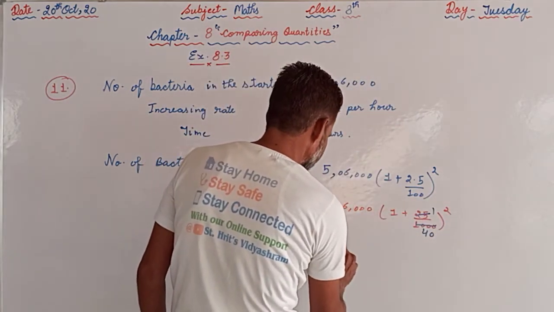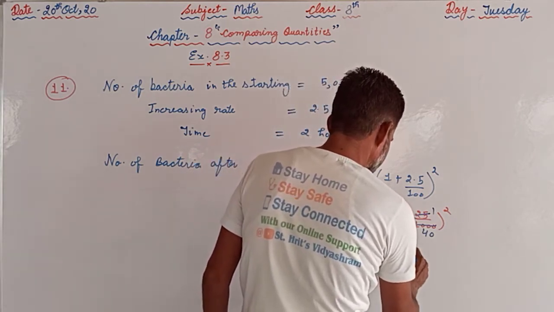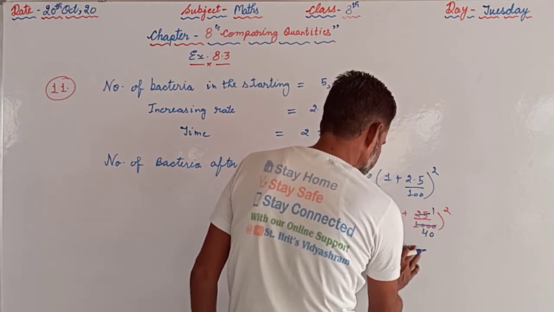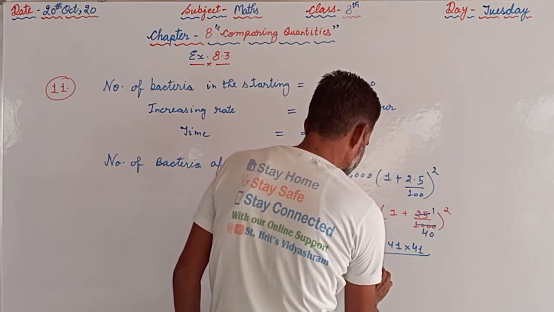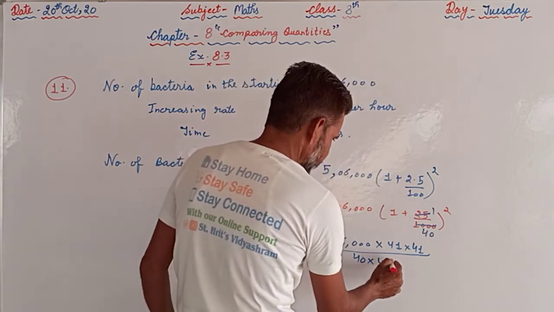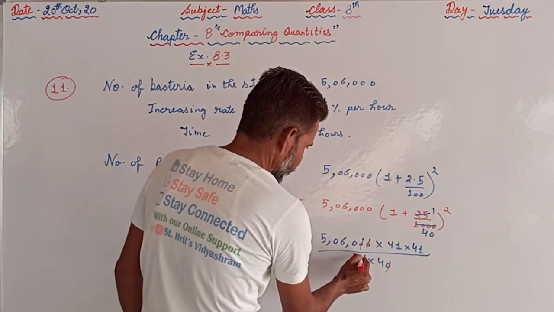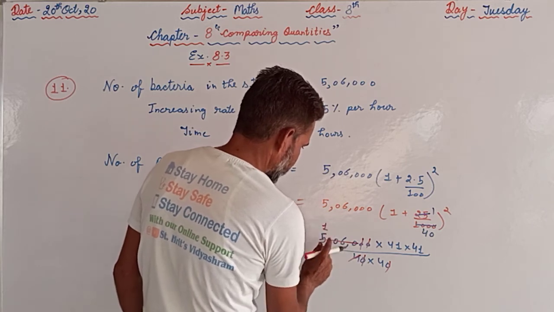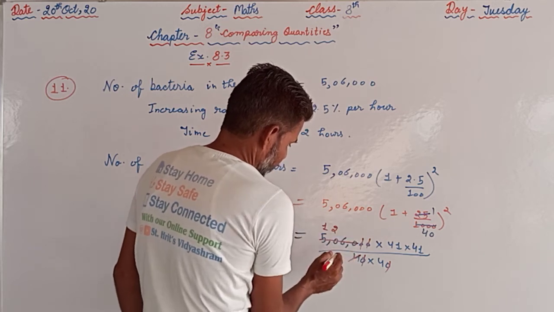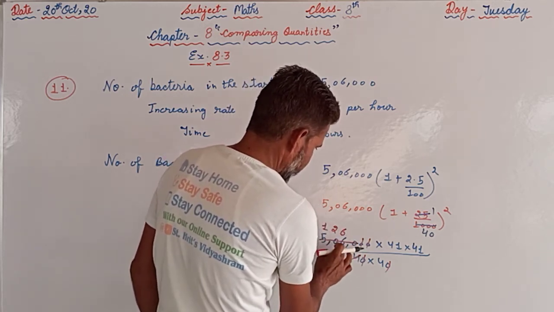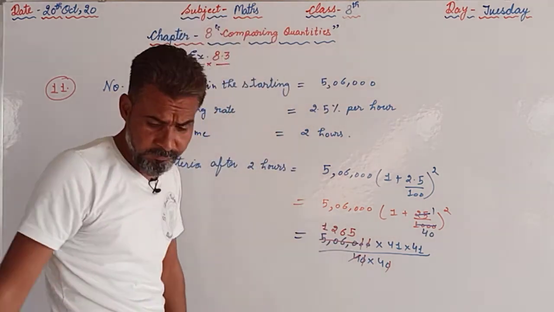So that will be 41 into 41 upon 40 into 40, and from here we can cancel out 2 zeros, then we can cancel by 4. 4 1 4, so 1 is remaining, 4 2 8, 2 is remaining, 4 6 24, 2 is remaining, 4 5 20. So that will be the calculation.